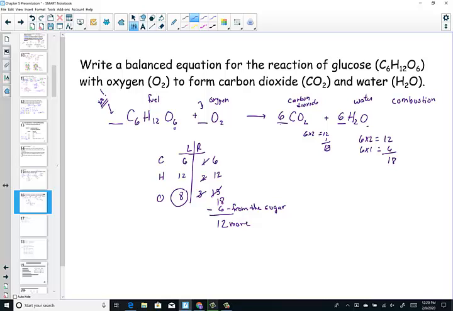I can place a coefficient of a 6 right here so that I could get 6 times 2, that's 12 from the oxygen, plus the 6 from the fuel, and I have now 18. And that balances our equation.